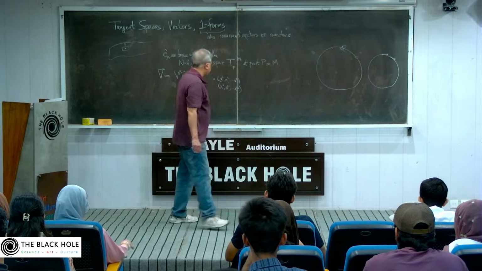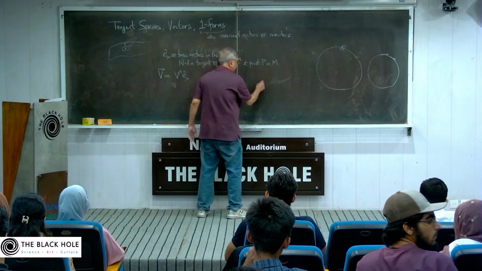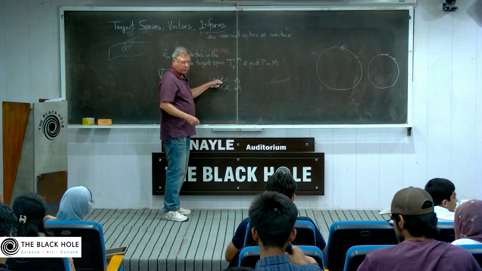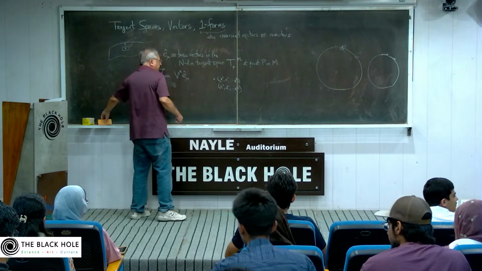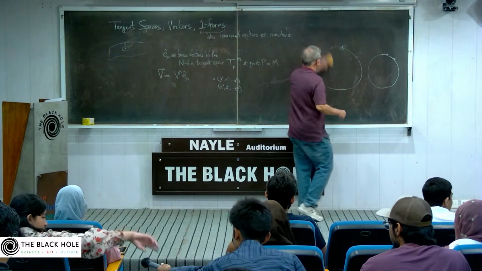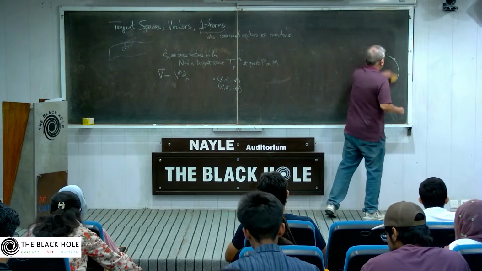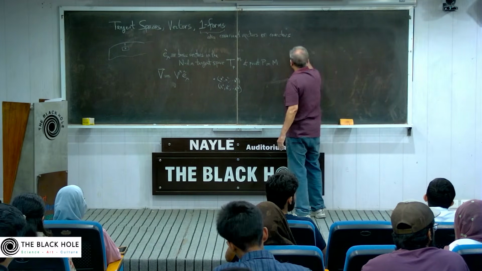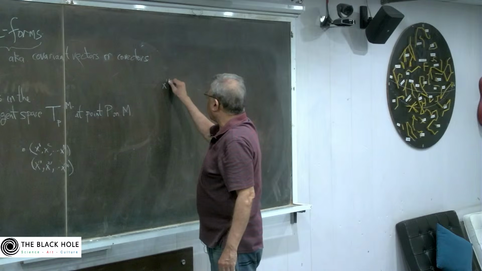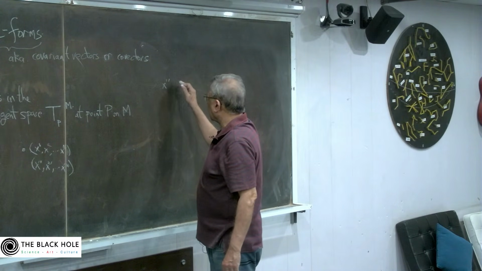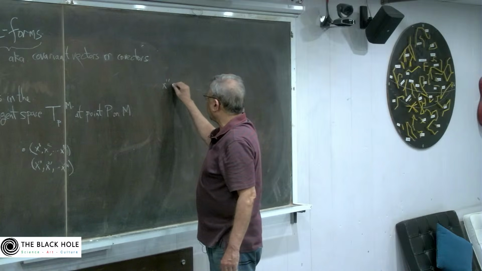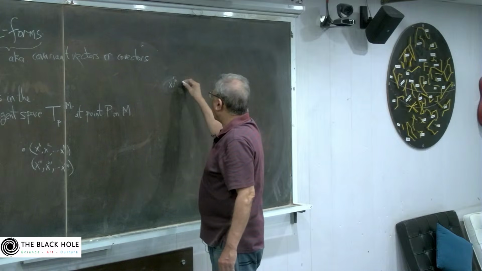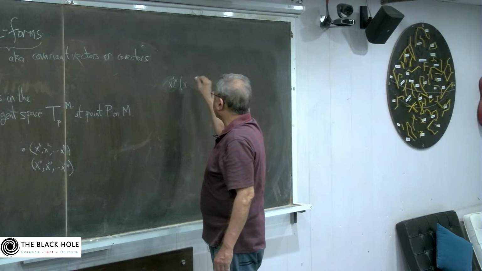Okay. So the point is that we have these two different sets of coordinates, and we could say that x prime mu actually depends upon x.